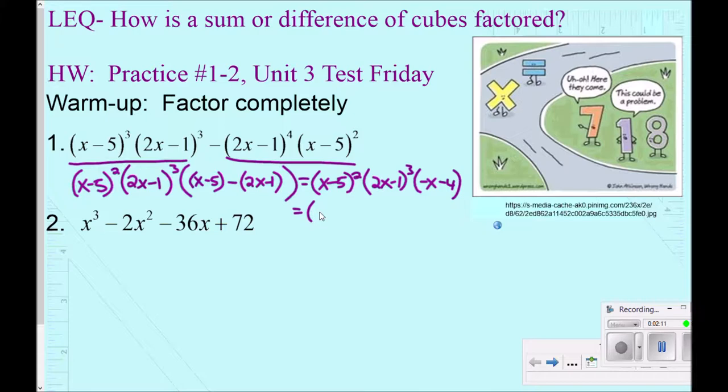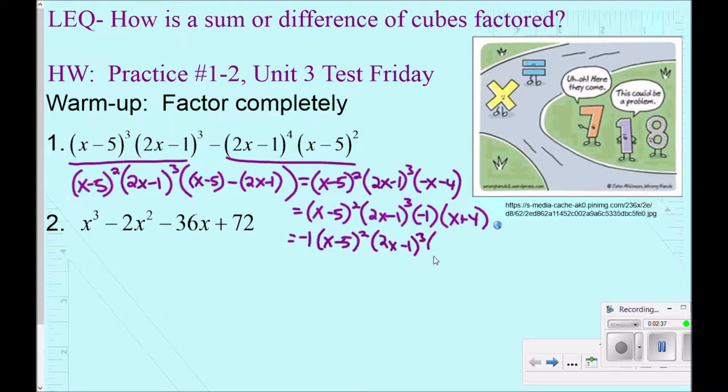So I keep the GCF, and I can pull a negative 1 common factor out of that, which leaves me with x plus 4. I can either stop there and leave the negative 1 in parentheses in the middle, or I can bring the negative 1 out front. When I bring it out front, it no longer needs the parentheses. And that is my final answer.